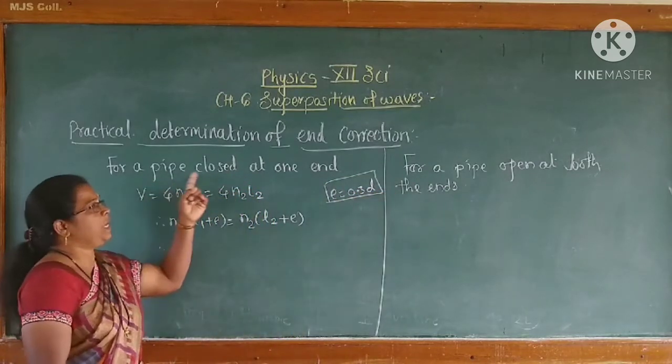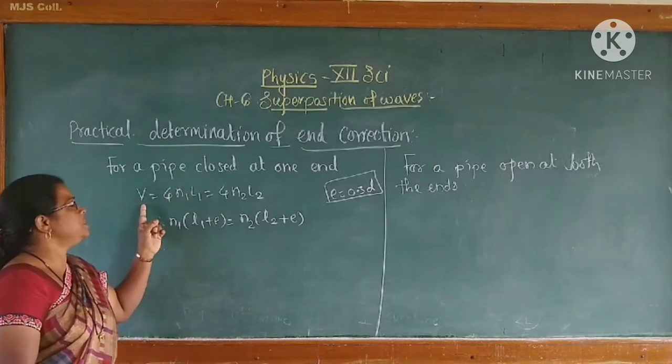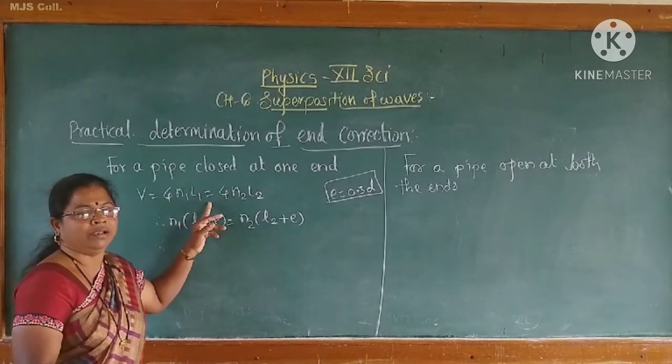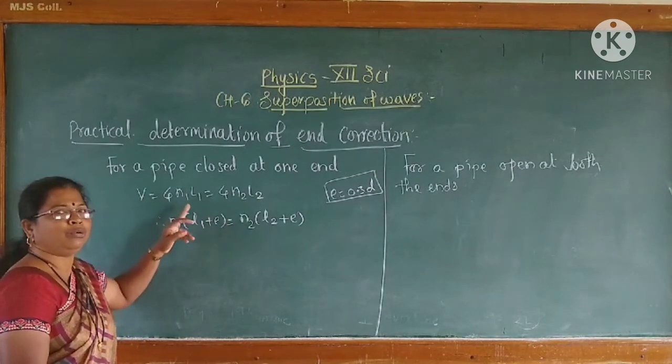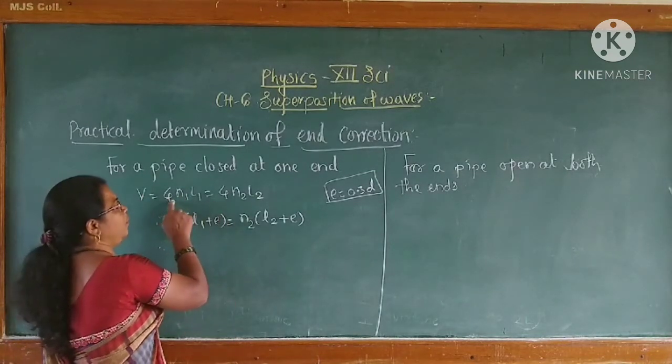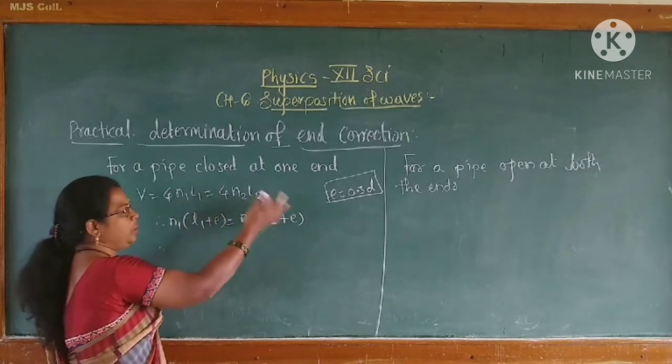Now in case of a pipe closed at one end, v is equal to 4 into N1 L1, or frequency N1 is equal to v upon 4 into L1. Therefore 4 N1 L1 is equal to 4 N2 L2.